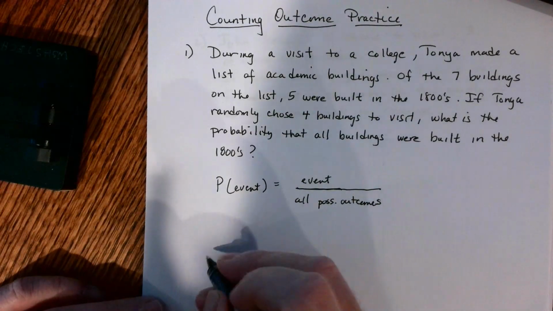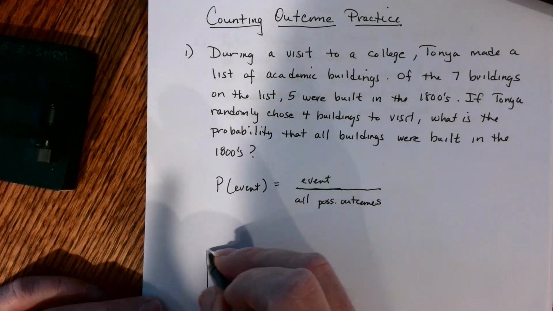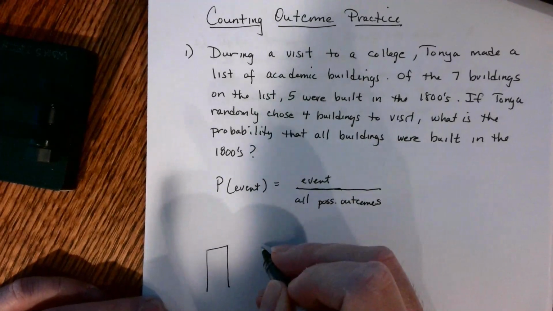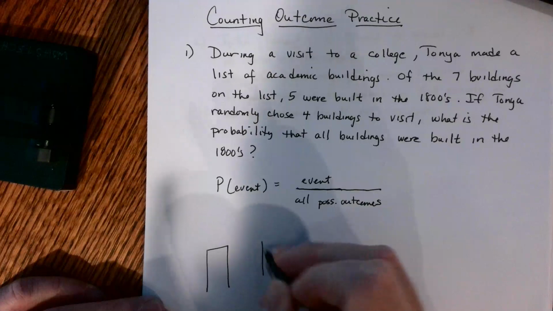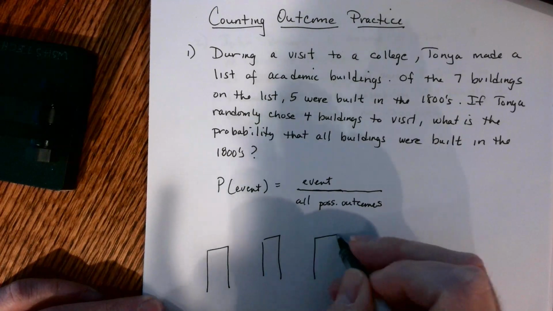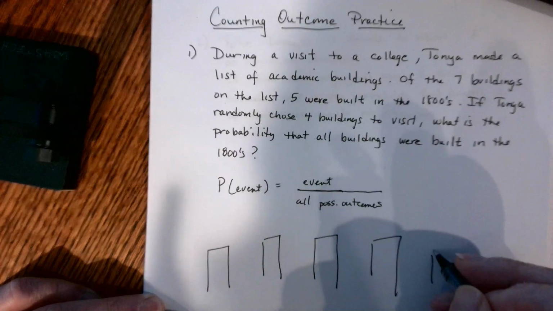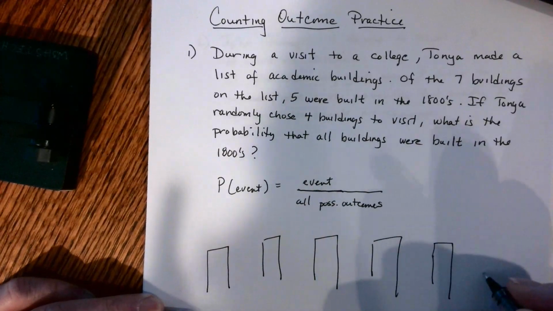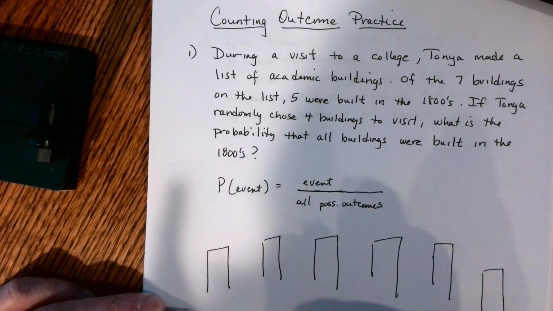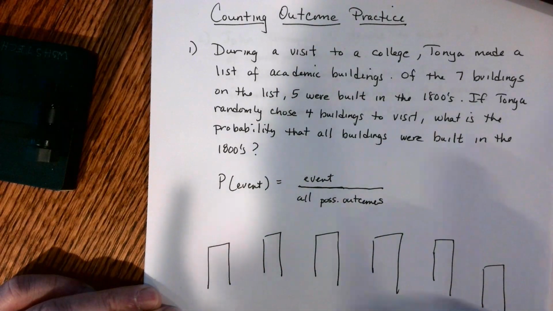Tanya goes to college and she notices that there's 7 buildings. And let's see, we need one more.